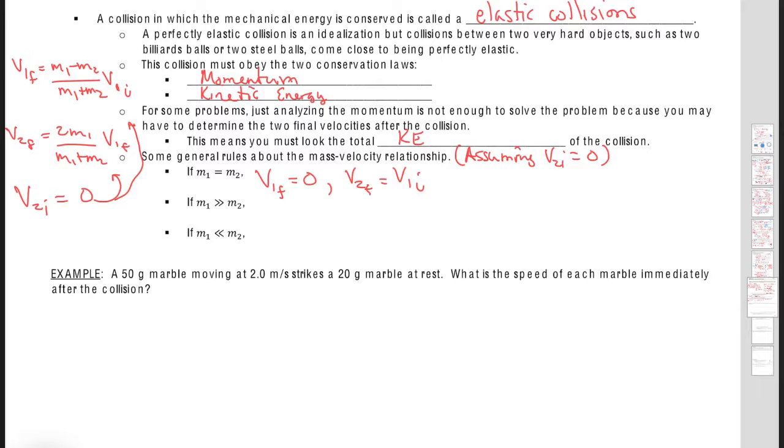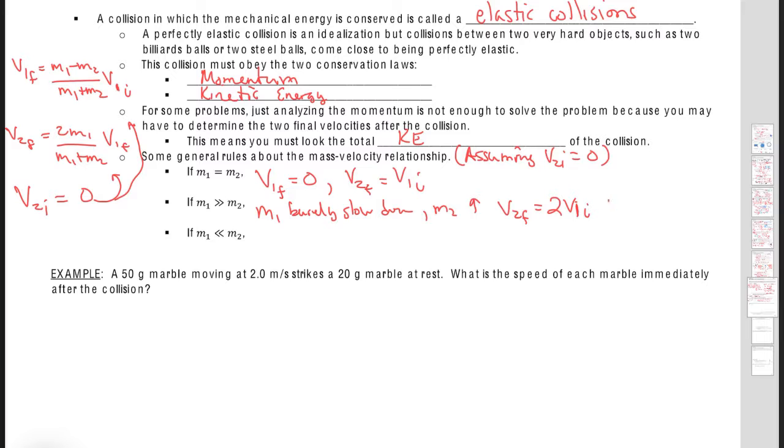If m1 is much greater than m2, the first mass will barely slow down, and m2 will speed up tremendously, with v2 final being 2 times v1 initial.